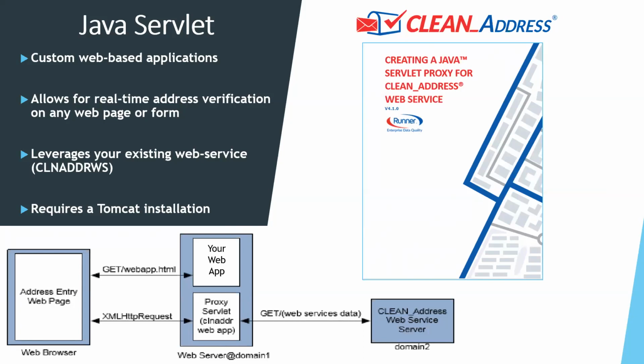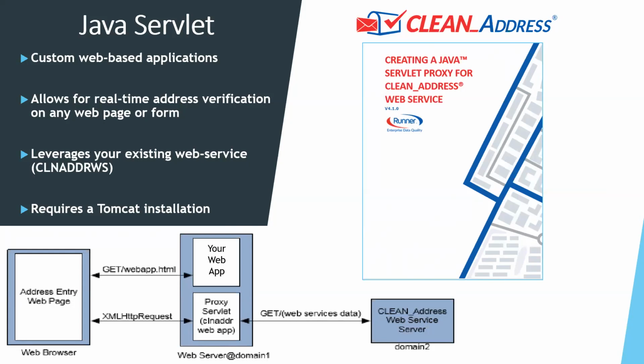In the case of the web service, if the web service is up and running, it can talk to any web-based form anywhere in your enterprise. The problem is that because of security, the web server on that application will not allow web service calls to a third application.